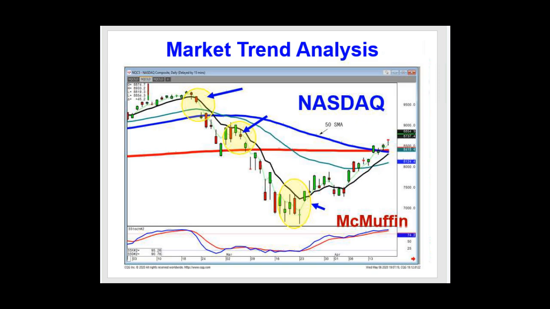The other thing you can do is confirm it with the other indexes. If you've got one index going up during a trend and the other index showing selling during that uptrend, that usually means the trend hasn't changed.